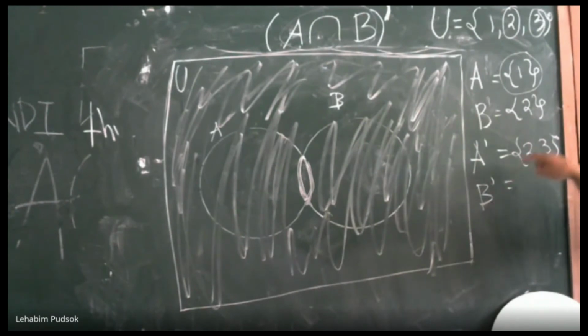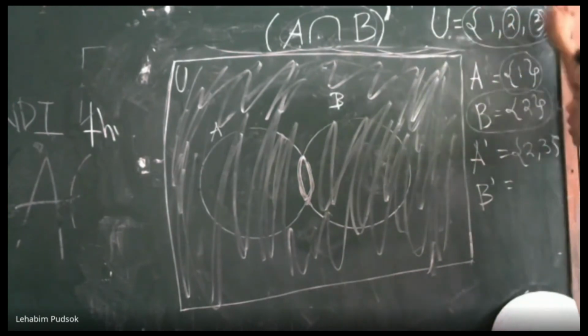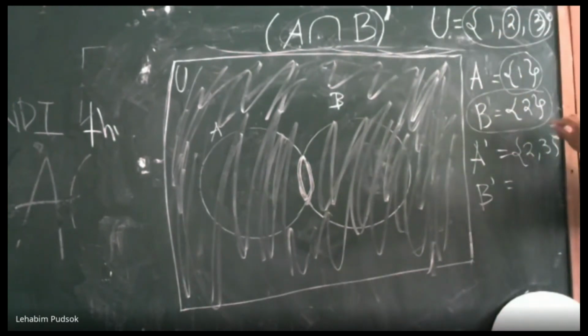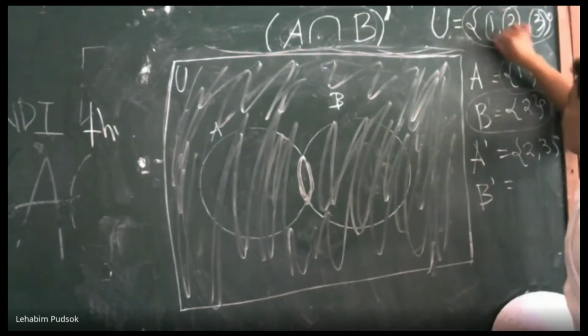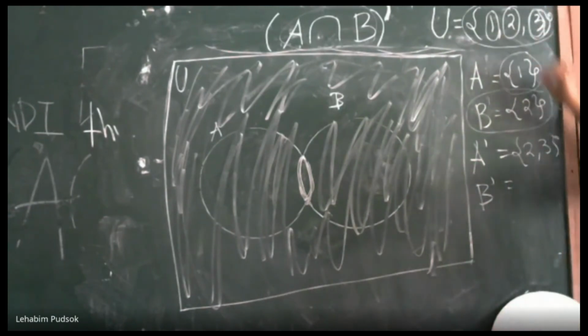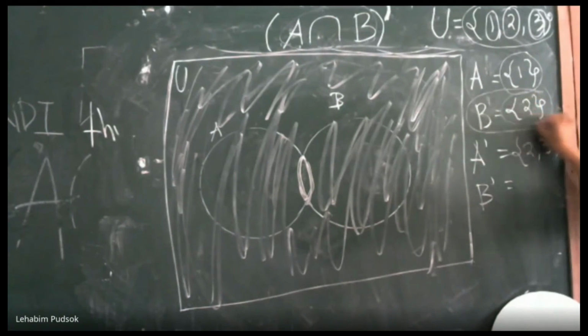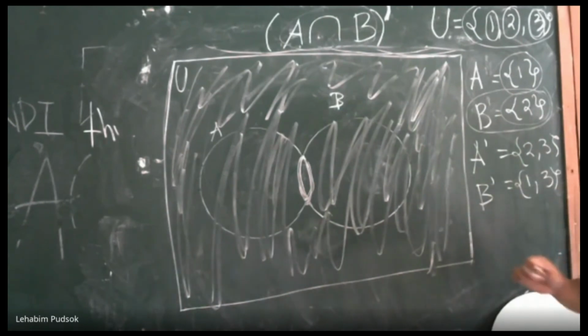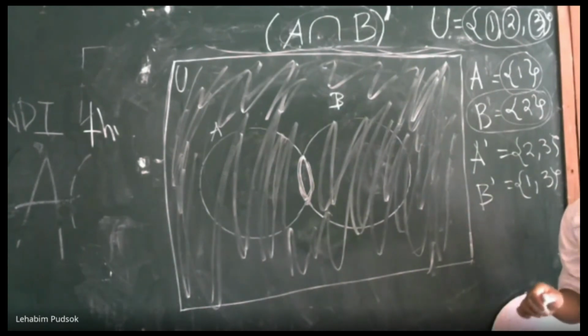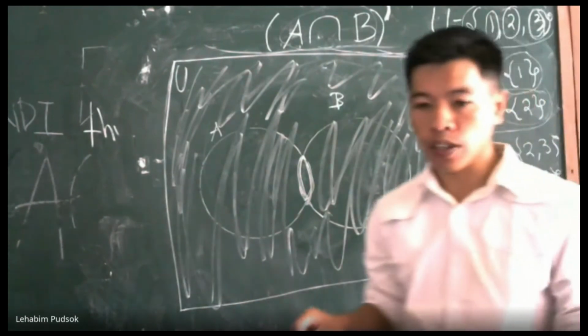B complement are the elements that you cannot find in B that you can find in the universal set. We have 1 and 3, because in B you have only 2. So here, the complement is 1 and 3. That is complementing, or the complements of a set.